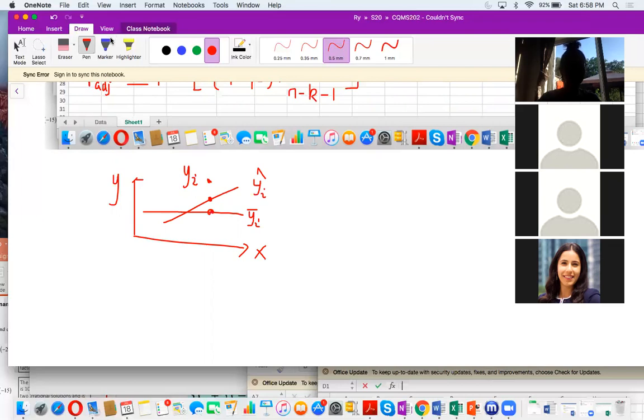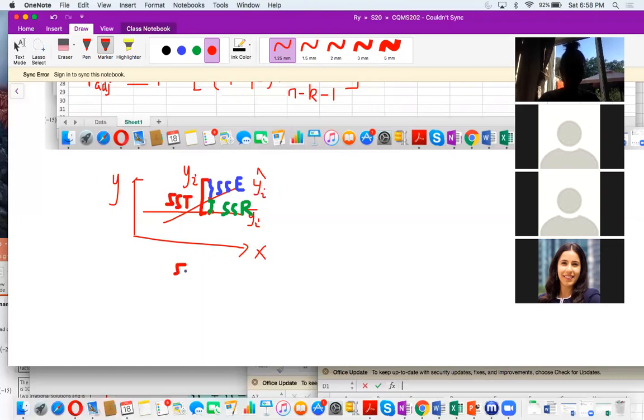Okay, remember last time we talked about from here to here, that is the sum of square due to error. And from here to here, that is the sum of square due to regression. And from here to here, it is SST, sum of square due to total.